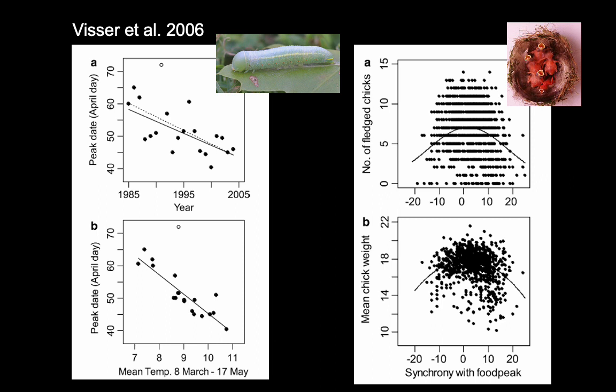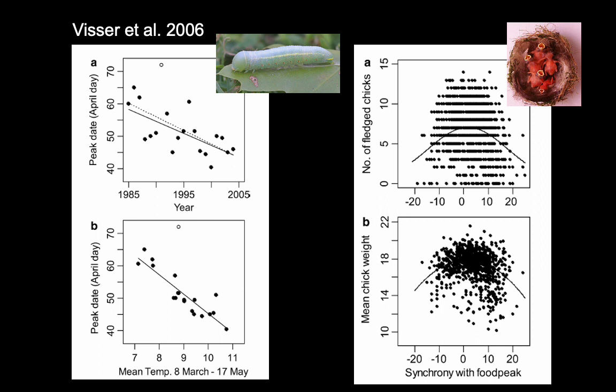And then also taking a look at the synchrony with food peak and the mean chick weight, we can see a slightly more dramatic effect here, in which if you want your heaviest nestlings, if you want your nestlings to be 20, you can even hold a piece of paper across your screen right now.